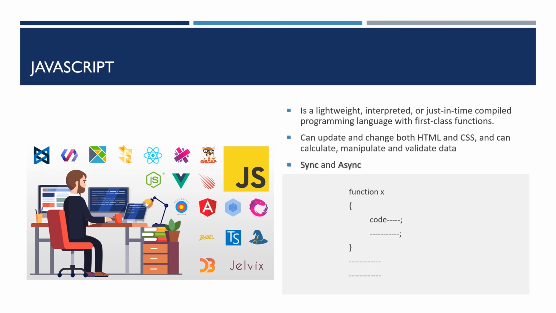The first part, changing HTML and CSS, and of course the second, calculating, manipulating, and validating data, are on the front side, because in this case we don't store or send information to the backend side. These different actions are part of the front side of JavaScript, and we have two important concepts, synchronous and asynchronous.